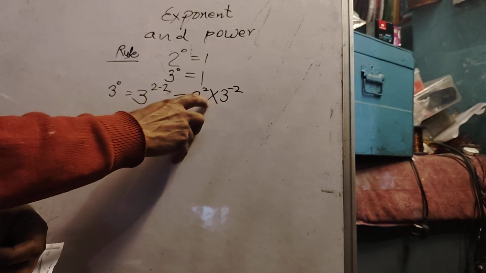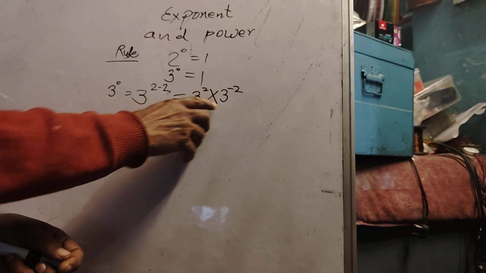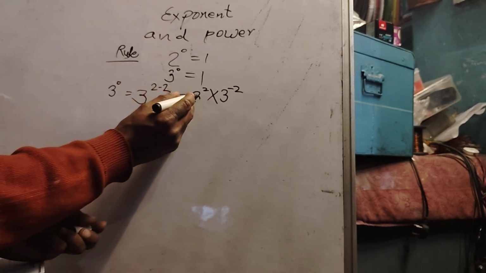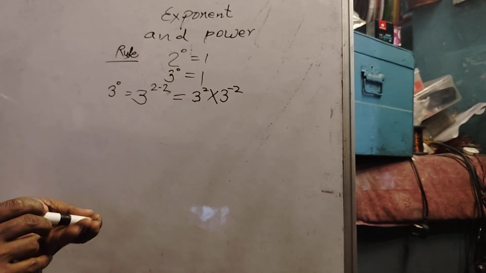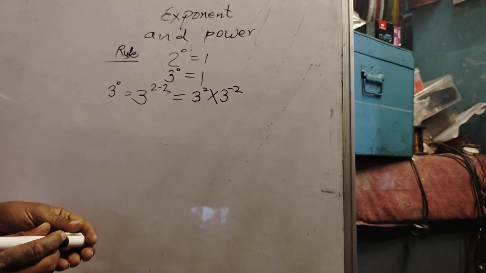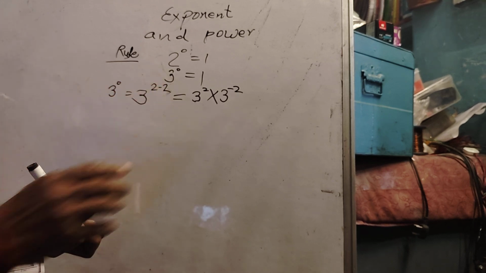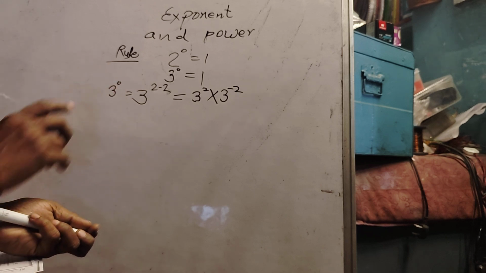We separate this into two multipliers. So this becomes 9, 3 square is 9. But I am using only the exponent law to find the value of 3 raised to the power 0.